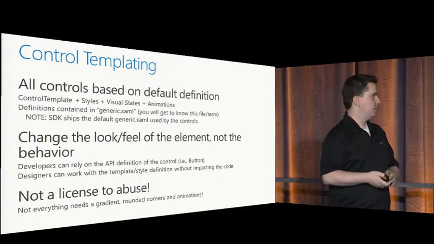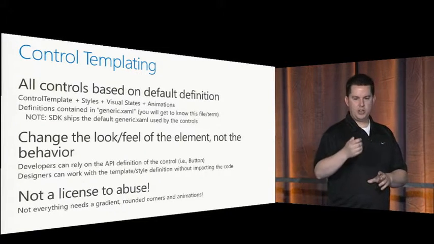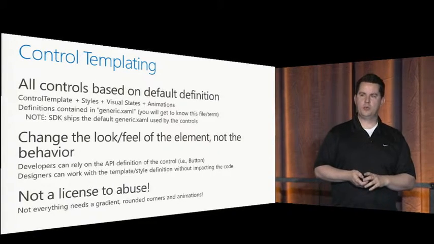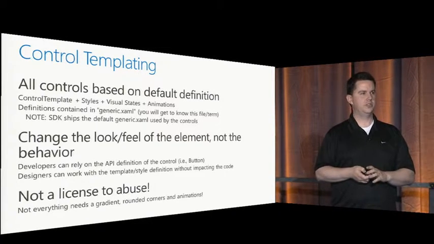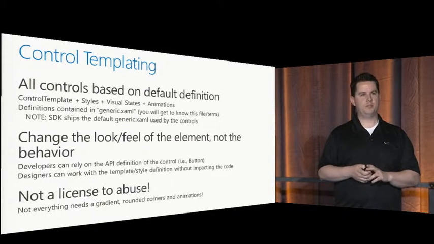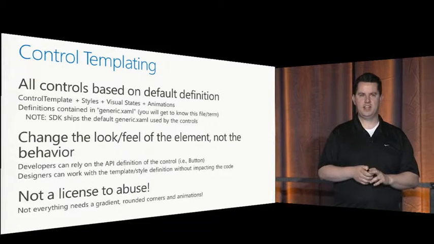And that's essential. And I put a note here. Hopefully Rick will appreciate this, right? So the control templating model we have is not a license to abuse, right? So we don't need every rounded corner and every button to be a gradient fill or anything these days.